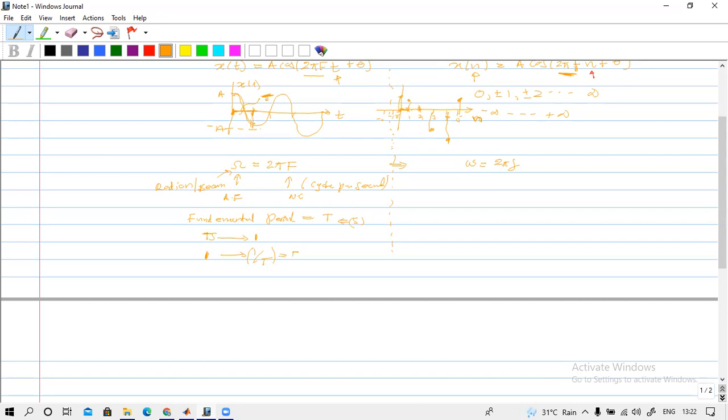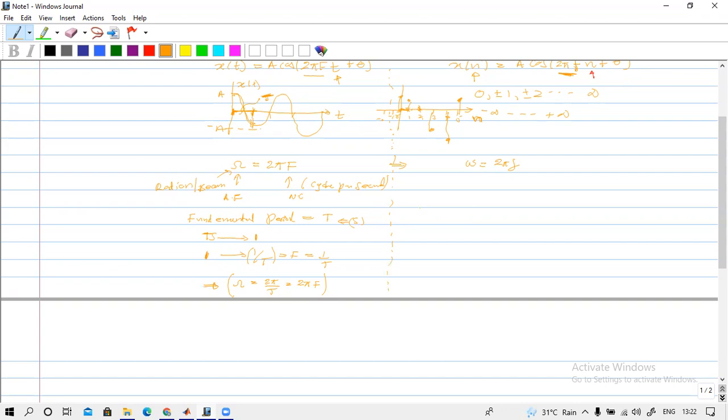That is the frequency, that is the F. So we can say that this F is equal to 1 by T, where T is the period of the signal. Omega we can also write as 2 pi by T, and it is also equal to 2 pi F. So we already know this.